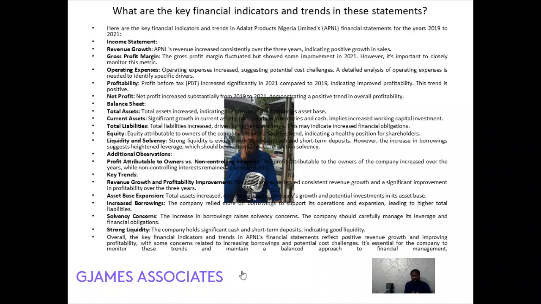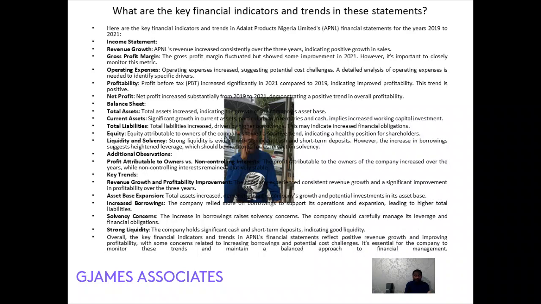Another question that may come out is, what are the key financial indicators and trends in these financial statements? Now we are dealing with the proposed solution to the financials.